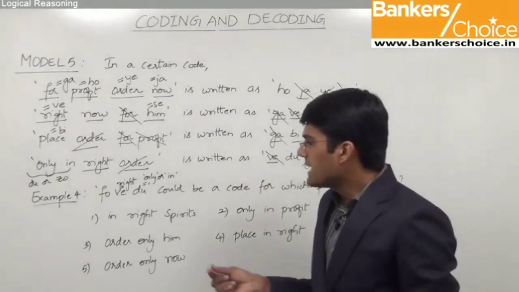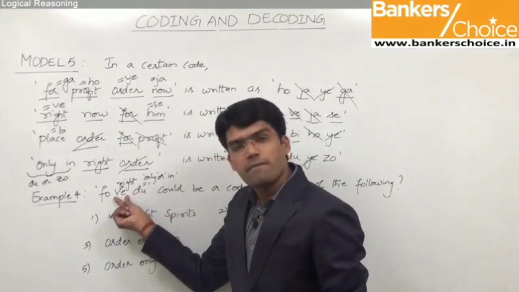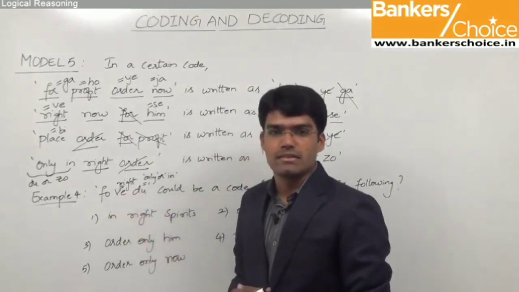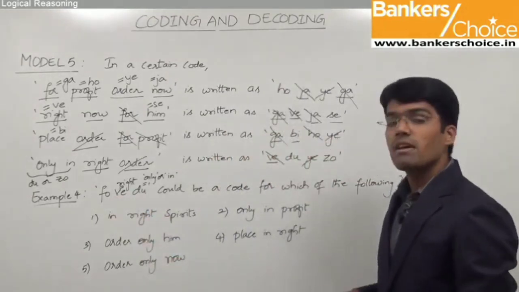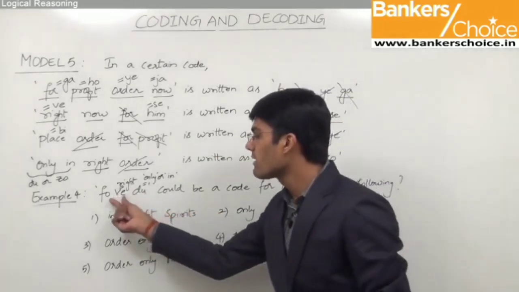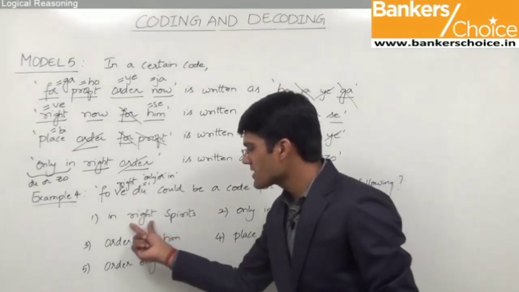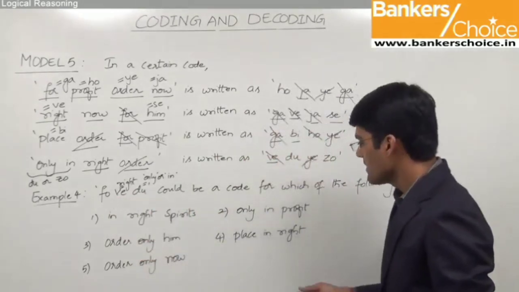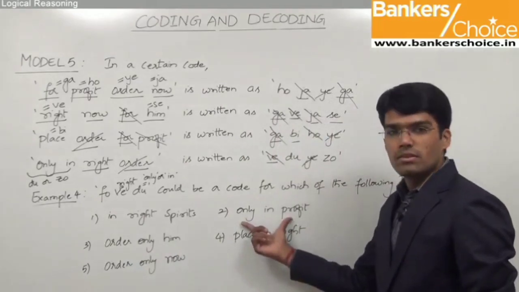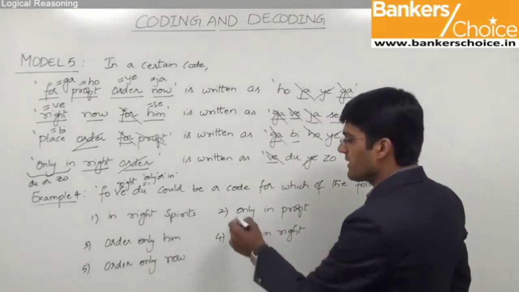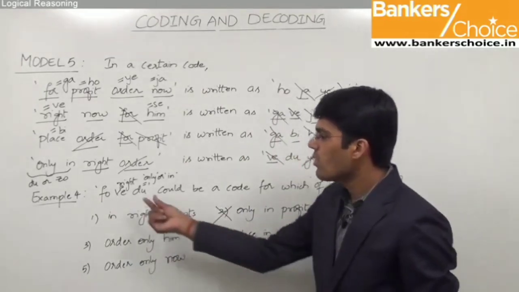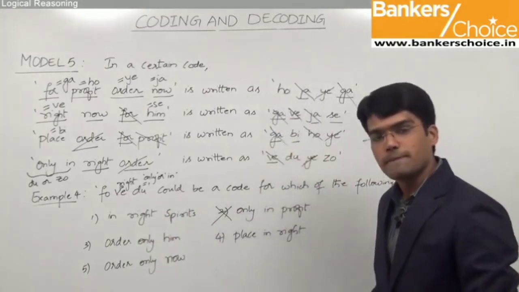We very well know that the word "right" should definitely be present in the correct answer. So let us find out those options which do not contain the word "right". As option number 1 has got "right", it may be a probable answer, but option 2 is not having the word "right". So this cannot be the correct answer, as the code VE stands for "right".